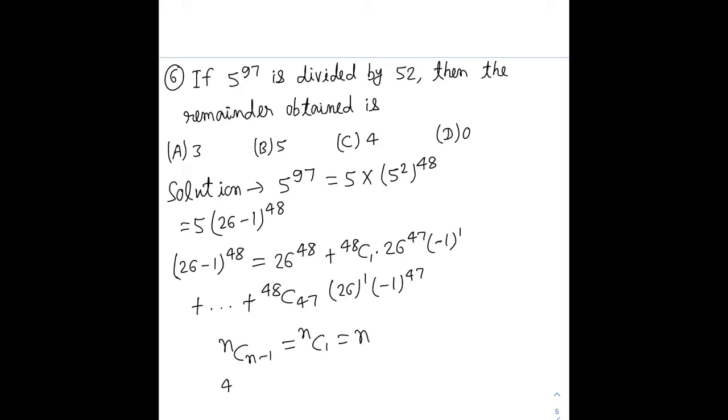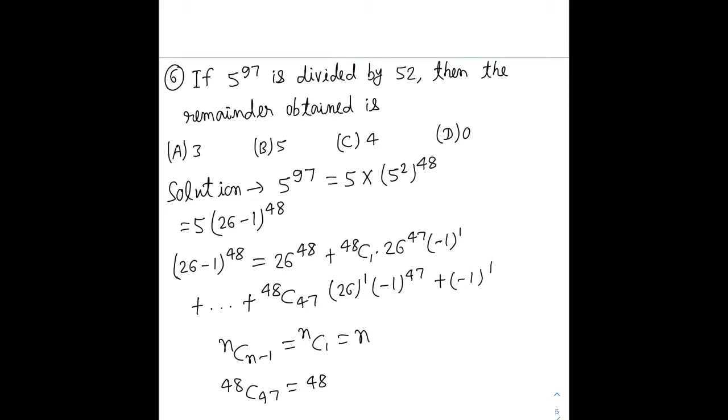By using this formula, 48C47 would be equal to 48. Now this is 48 into 26. From 48 you can write 48 as 2 into 24, and then 26 is present, so you will get 52. Again this number is divisible by 52. So the only term which is left is minus 1 to power 48.